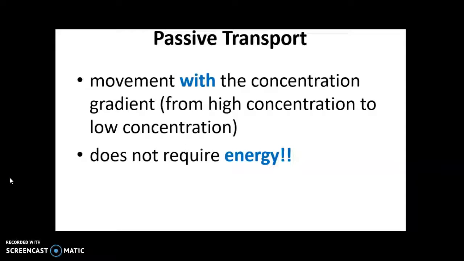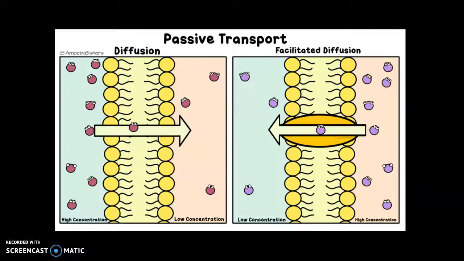Welcome back. Let's take a minute and look at a couple of animations to help us clarify these ideas of passive transport. Here we can see particles moving from high to low. Think about the difference between simple diffusion and facilitated diffusion.